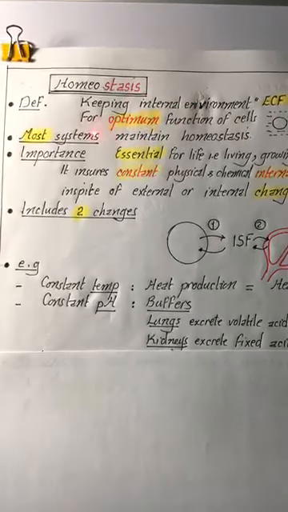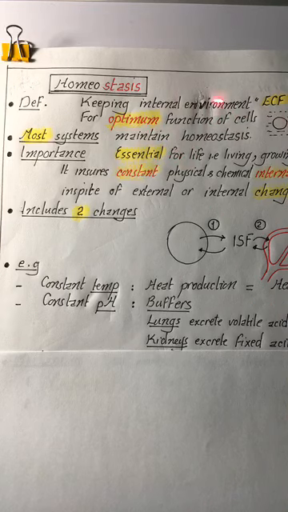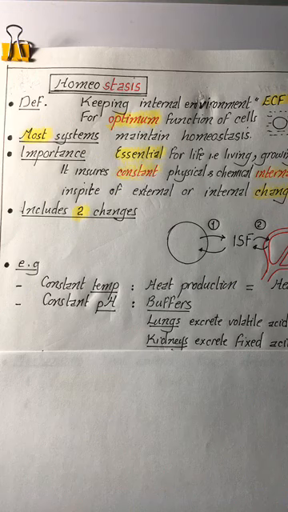In multiple choice questions, note these facts. Homeostasis is maintained by most systems, not by few systems. Most systems of your body share in the process of homeostasis. What is the importance of homeostasis? The third point. Homeostasis is essential for life. That is, for living, growing, and for the functions of most organs.